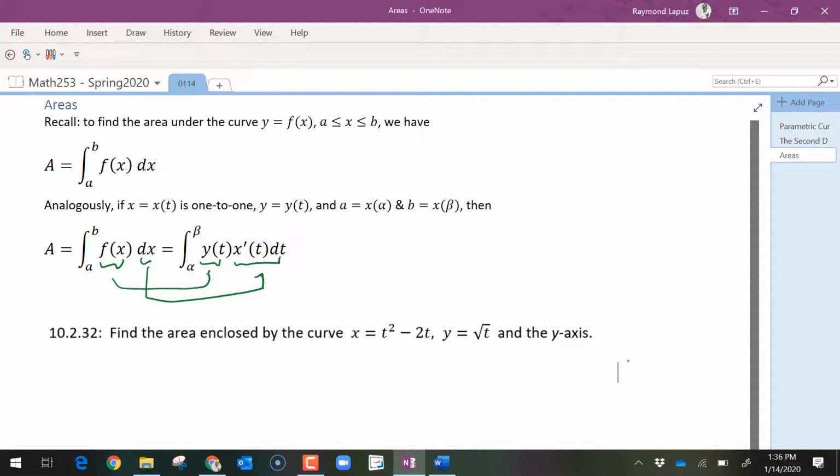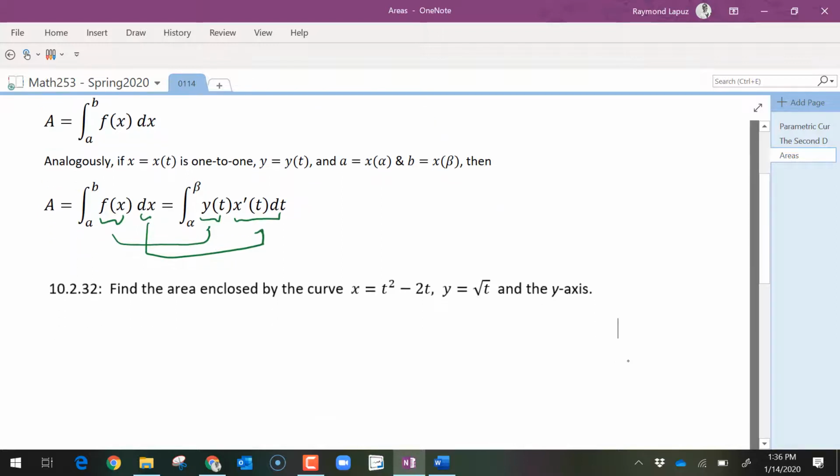So the area enclosed by the curve and the y-axis: it seems like this is going to intersect the y-axis, and then what? We probably need some idea of where this thing is, so it might help if we plotted a couple of points. It's not sine and cosine, so we want to at least put in 0 and 1 and see how it might look.